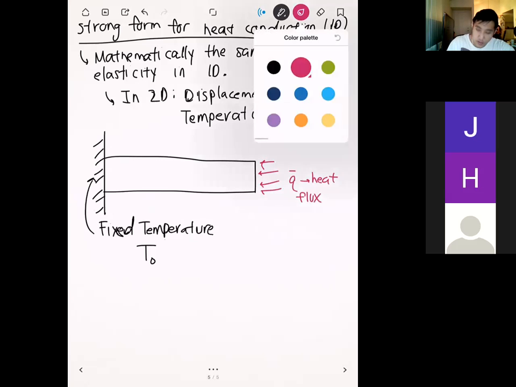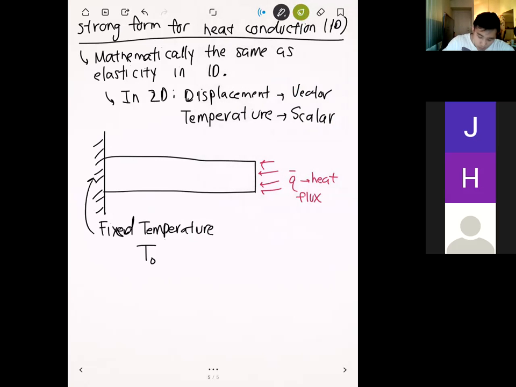And then over the top of the bar, let's say that we have some kind of heating. We'll give this the function S. We'll say that S of X is the heating that the bar experiences per unit length.